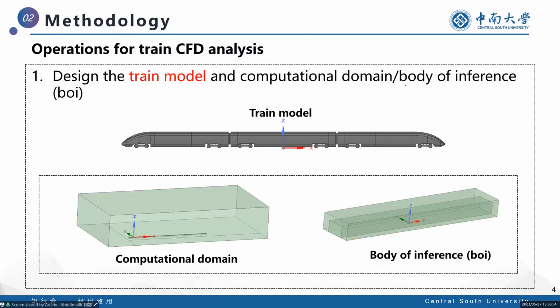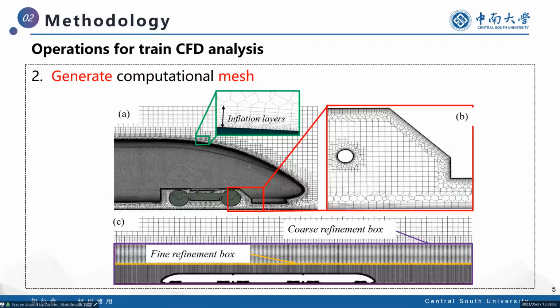So first we will need to design the train model, the computational domain, and the body of influence. That's number one. Then number two, we are going to generate the computational mesh.